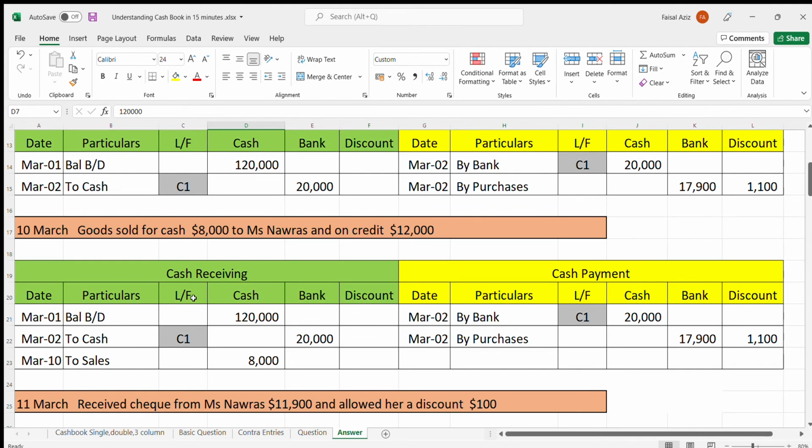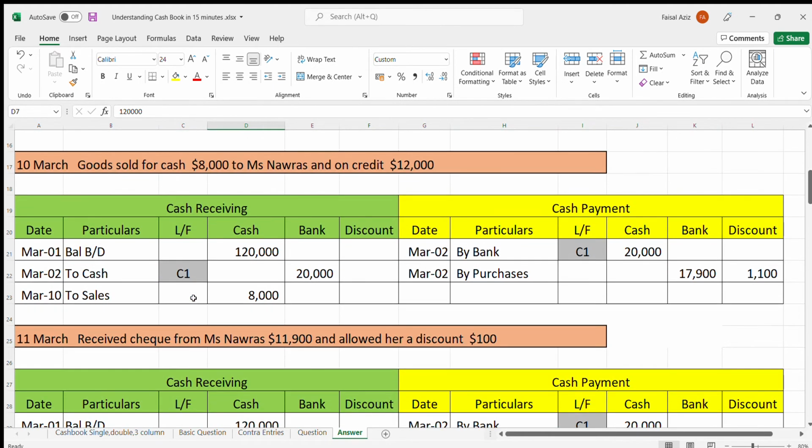Now the next transaction is on 10th of March. It mentions that goods sold for cash $8,000 to Miss Marwa and on credit 12,000. As I said earlier in the first part of my video, if there is a credit transaction, it will not come in the cash book.